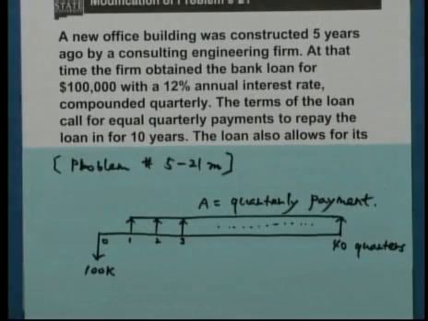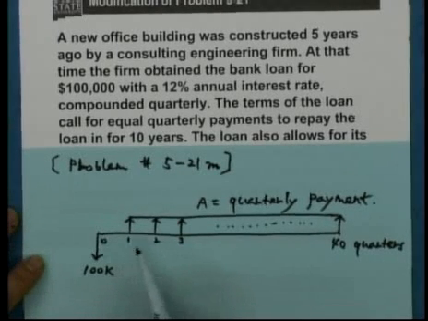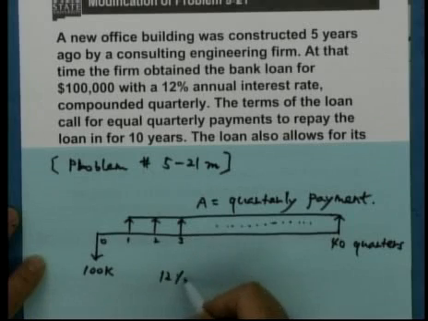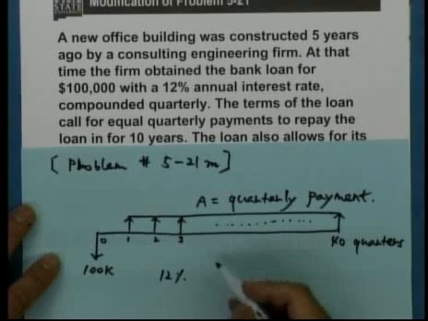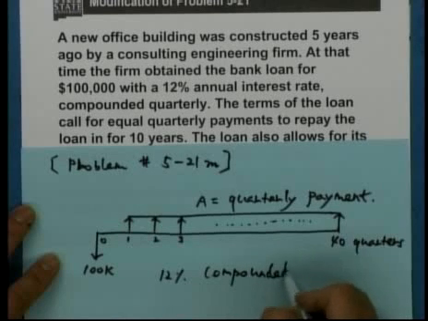So 5 years ago, a firm obtained a bank loan for $100,000 with 12% annual interest rate compounded quarterly.